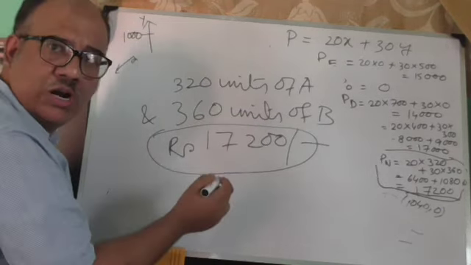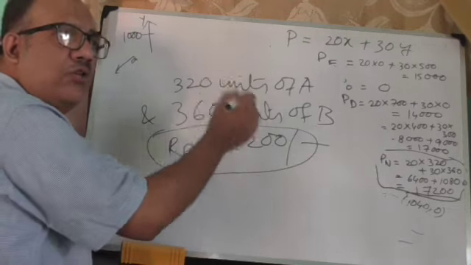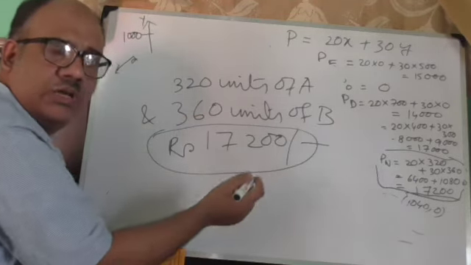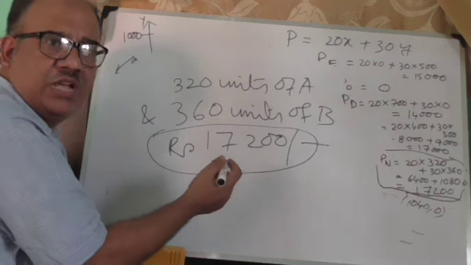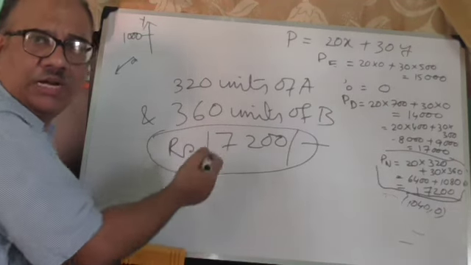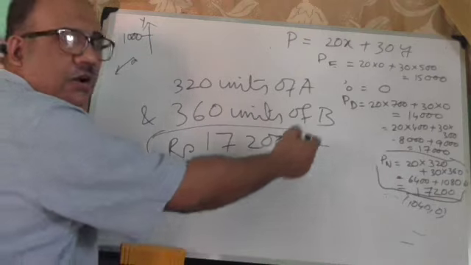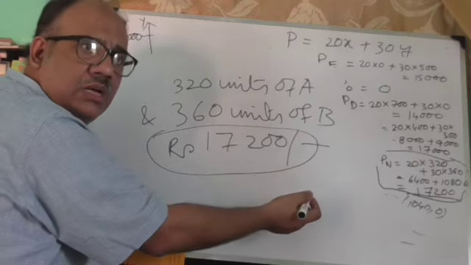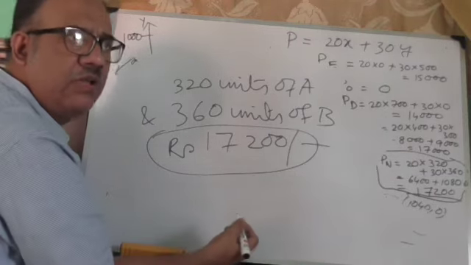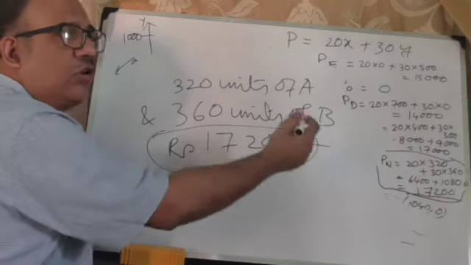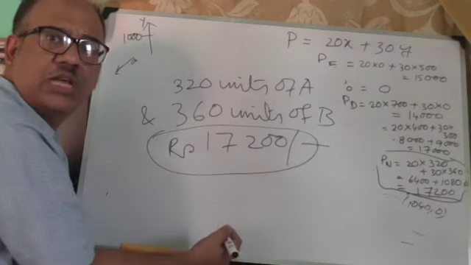After obtaining the corner points, we put their values in the objective function to find whether it is maximum or minimum. According to the problem, if maximum is asked, we take the maximum value. If minimum is asked, we take the minimum value, and that will give you the corresponding values of x and y, the solution.